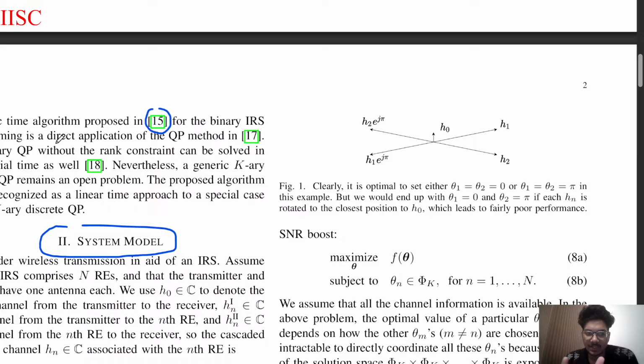A binary quadratic program without a rank constraint can be solved in polynomial time as well. Nevertheless, a generic K-array discrete QP remains an open problem. The proposed algorithm can be recognized as a linear time approach to the spatial K for the K-array QP.